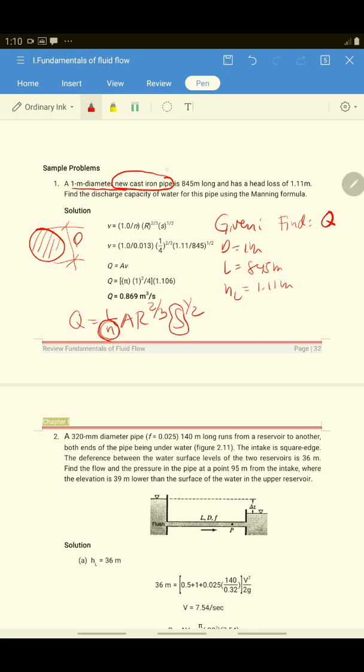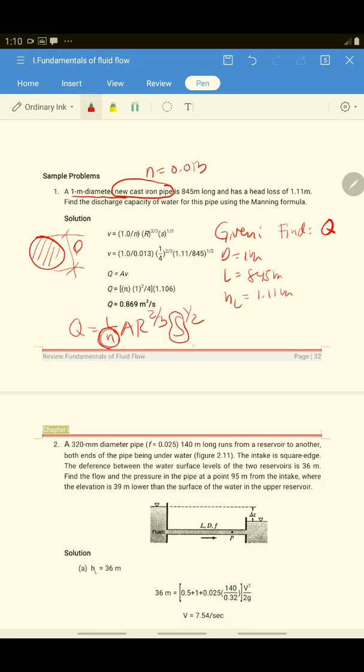So for a new cast iron pipe, your N is 0.013. Another is your slope. Since the given is head loss, you can determine the slope because the length is also given.